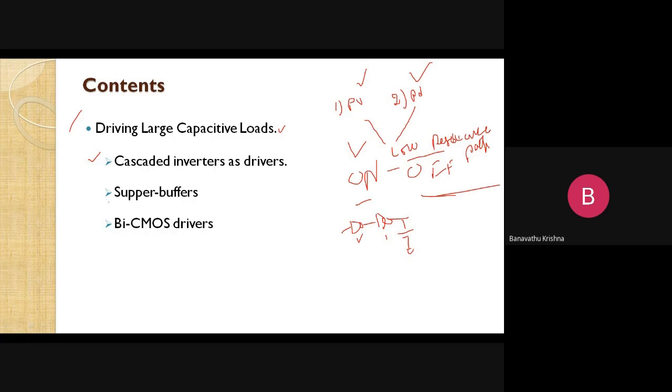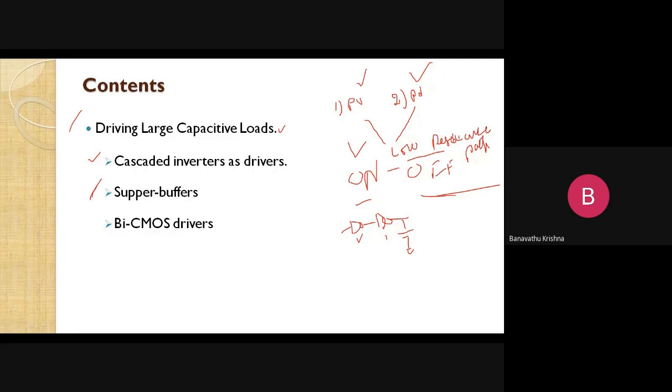The next case is super buffers. Before going to super buffers, in cascaded inverters as drivers we observe the response of the cascaded inverters. Some slight fluctuation occurs in the response. To overcome such an asymmetrical output response, we go with super buffers.